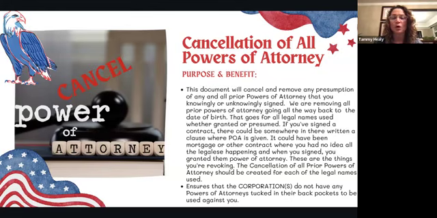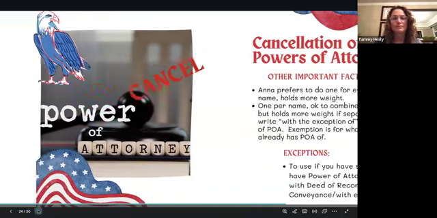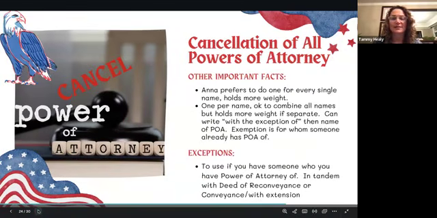The cancellation of all prior powers of attorney should be created for each of the legal names used. It ensures that the corporations do not have any powers of attorney tucked in their back pockets to be used against you. Other important facts of this document: Anna prefers to do one for every single name.